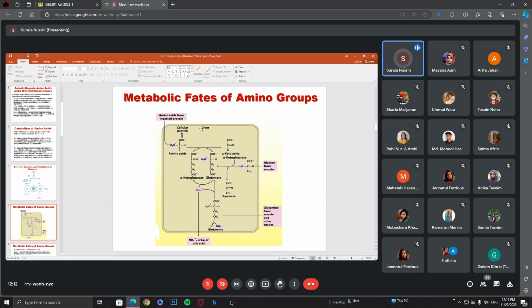Within the liver, there are proteins as well. The cellular proteins can be degraded into amino acids, or we can also get amino acids from our dietary protein. So all of these are amino acids.